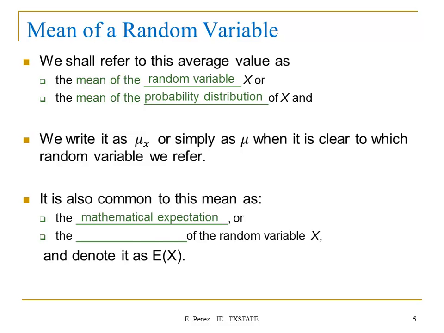We talked about the different names for the mean of a random variable. You can call it the mean of the probability distribution, the mathematical expectation, and the expected value. We can use the symbol mu to denote the mean of a random variable. And since we also call that the expected value, we can also use E of x to denote the mean of a random variable, or the expectation.